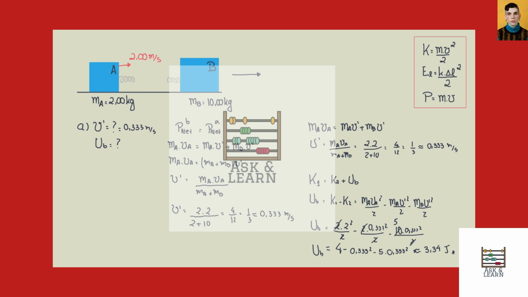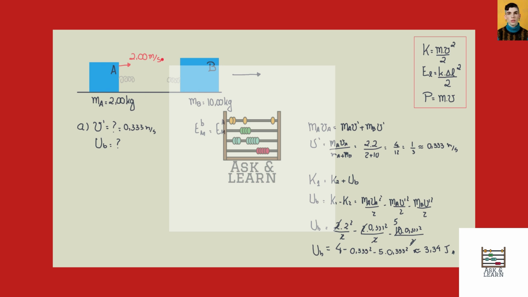For that, we have to remember conservation of energy. During an elastic collision like this one, energy is conserved. This means that we can use the principle of energy conservation to evaluate the potential energy stored in the bumpers. The principle of energy conservation tells us that the mechanical energy Em before is equal to the mechanical energy after. By before, I mean when only block A is moving to the right.